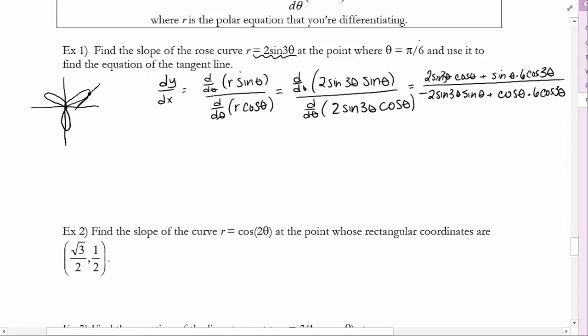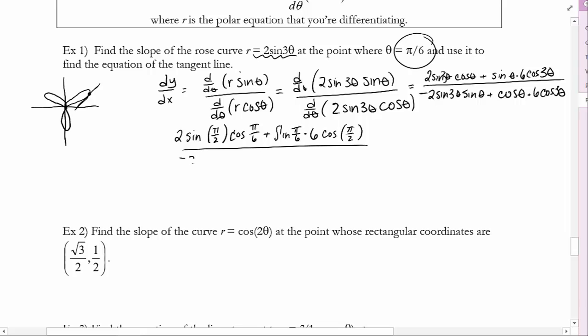And now we're supposed to evaluate that at π/6. So I have 2 sin(3π/6), which is π/2, times the cosine of π/6, plus the sine of π/6 times 6 times the cosine of 3π/6.